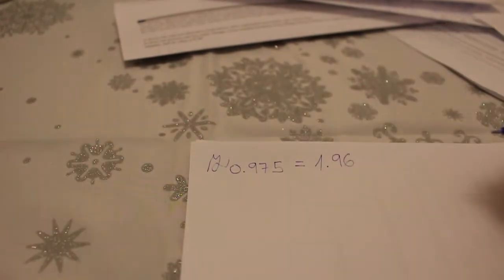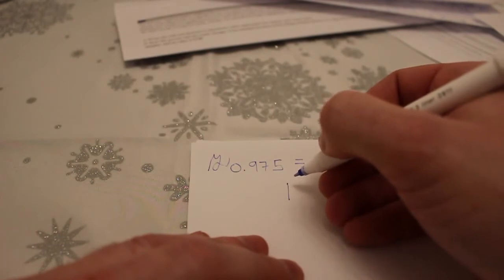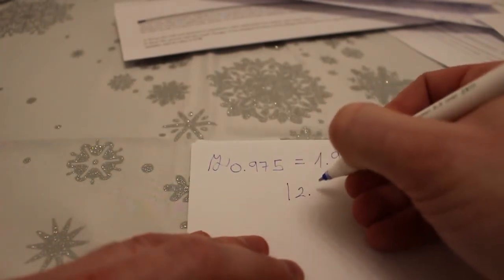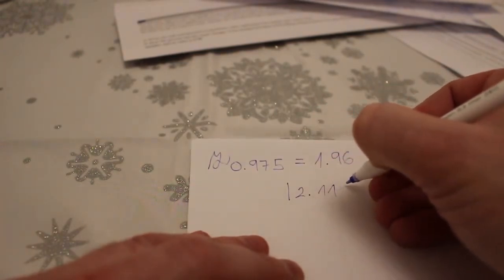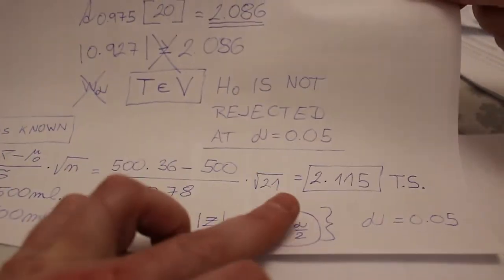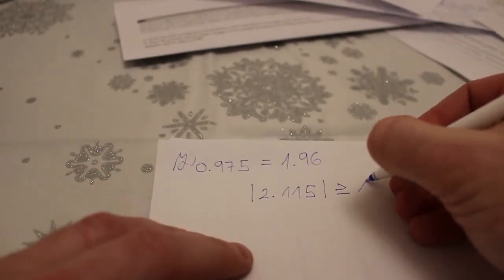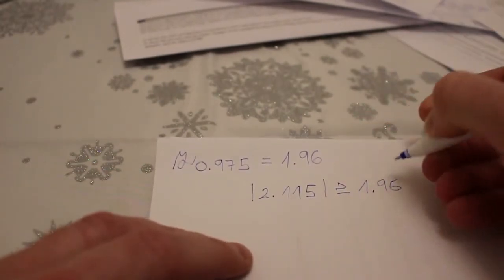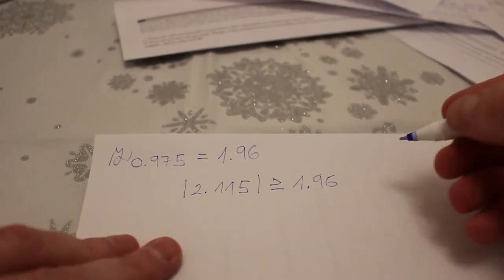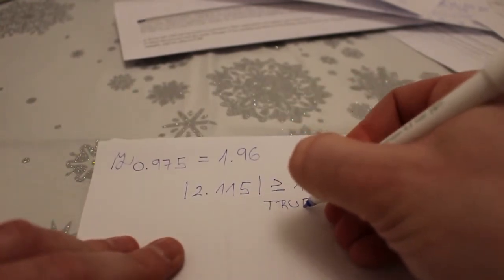1.96. And now the very important question. If the absolute value of Z, 2.115, if the absolute value of this test statistic is higher or equal to 1.96, we enter the rejection region. Yes, this is true.